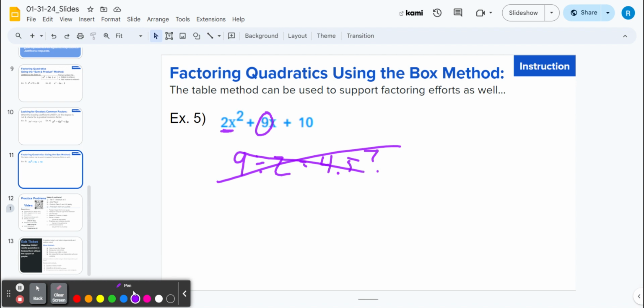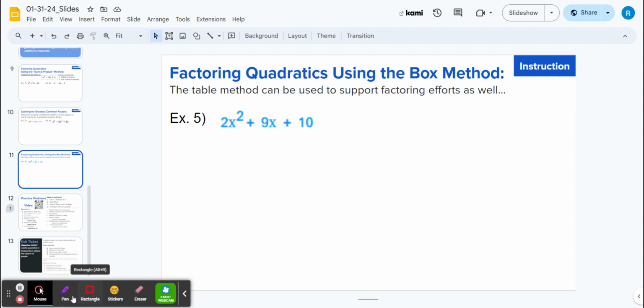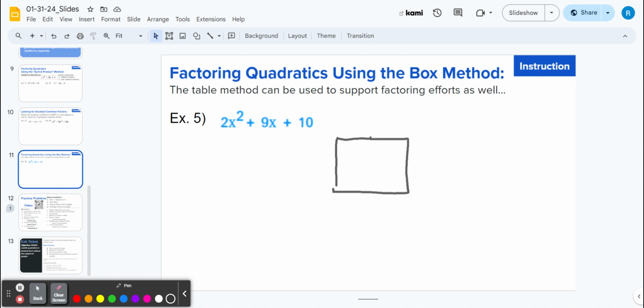We can't divide out a greatest common factor, but what we can do is use this table method that we've used before to go in reverse. So if I was getting this trinomial as an answer, we know we'd probably have a 2 by 2 table to get there. And I know that, hey, this first box is going to be 2x squared because I've worked with that table before.